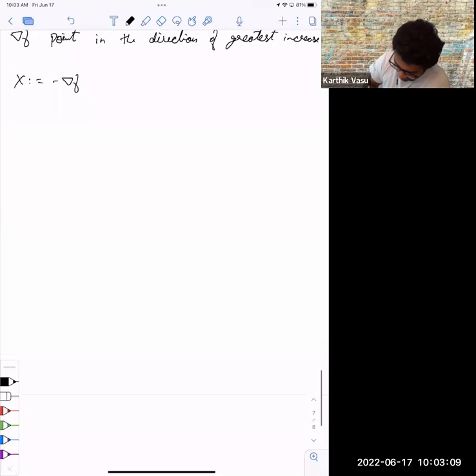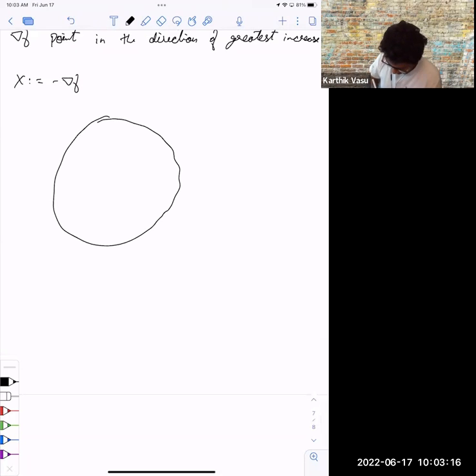So what is the gradient flow? Let's say we had a circle. Because of the gradient, we have a vector field, which kind of points like this.